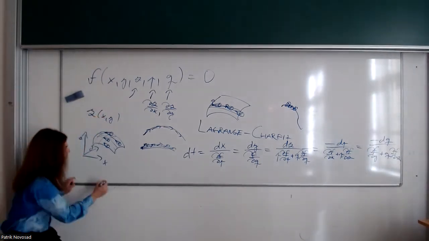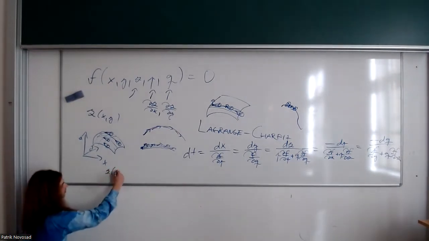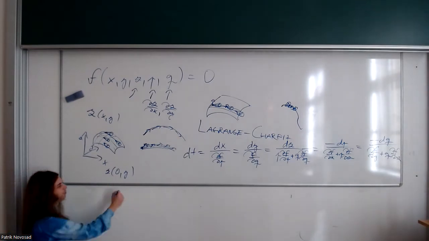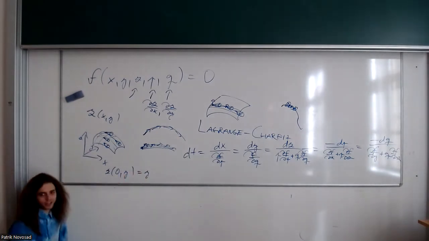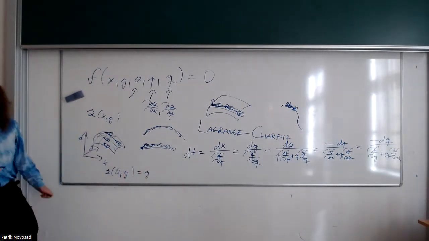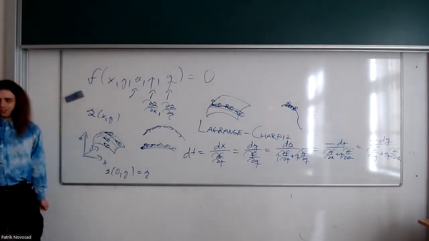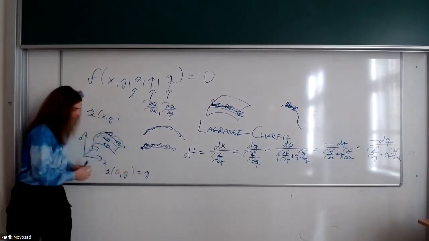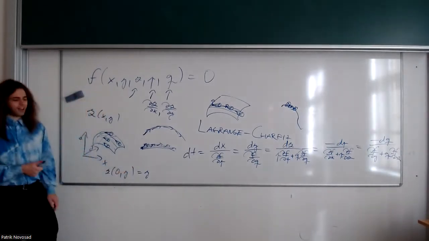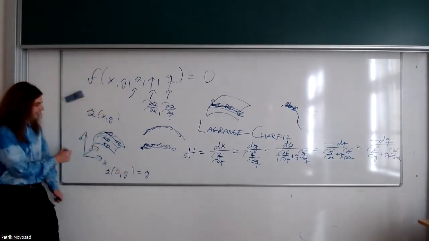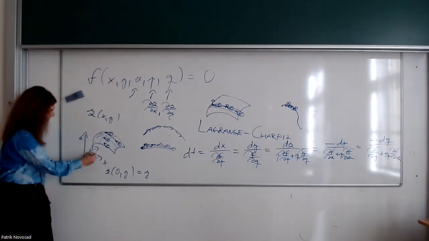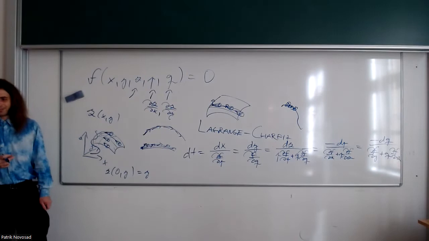So, for instance, we could say, I don't know, z at x equals 0 will be just equal to the y coordinate or anything. I don't really mean this form, but any initial condition that we please will just trace some kind of a curve in the 3D space.